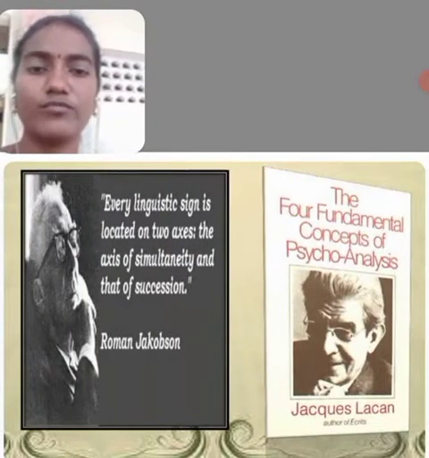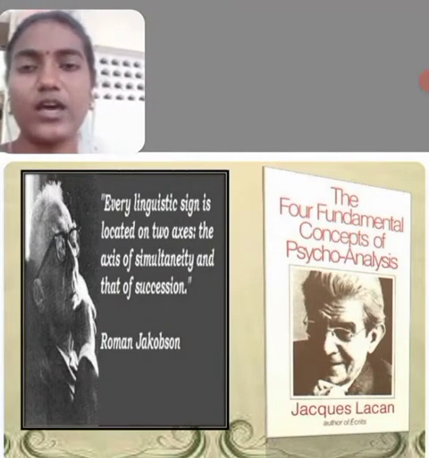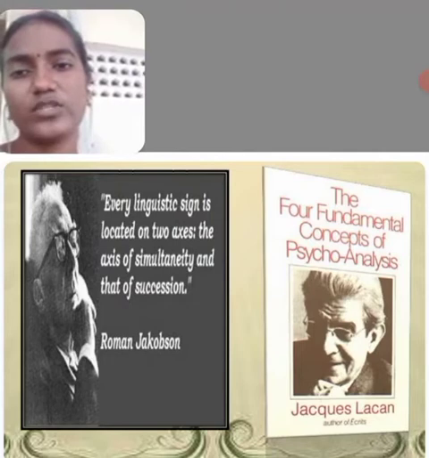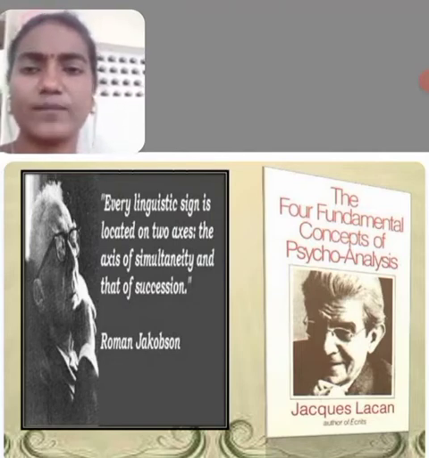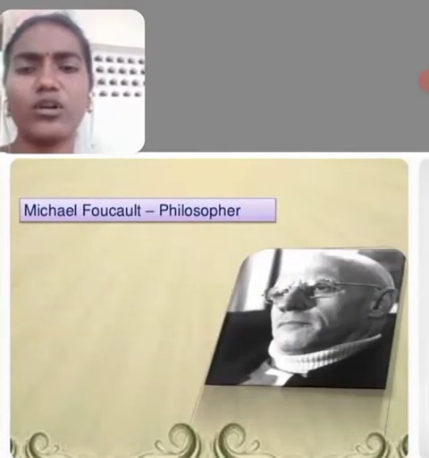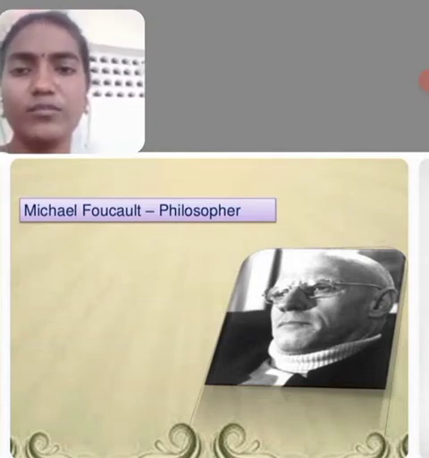The book The Four Fundamental Concepts of Psychoanalysis written by Jacques Lacan and the Course in General Linguistics written by Ferdinand de Saussure give a detailed view of structuralism. Michel Foucault, a philosopher, also contributed to structuralism.